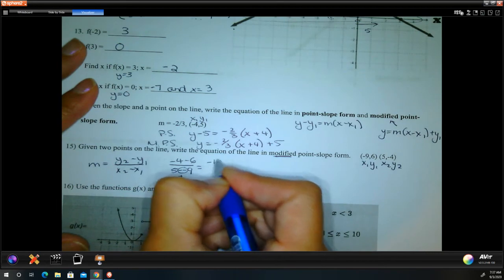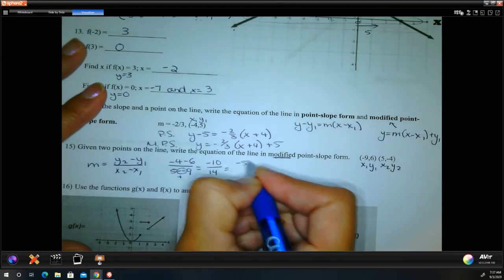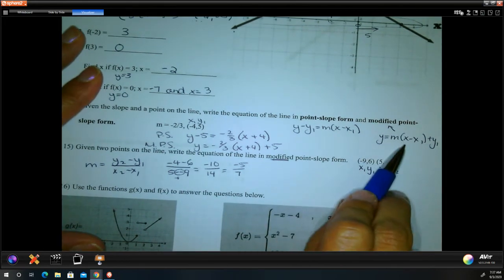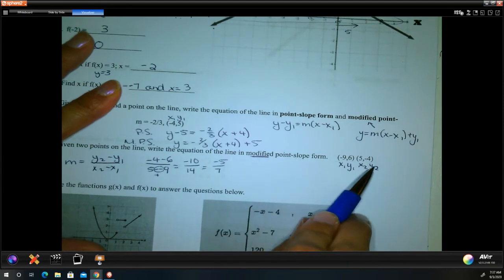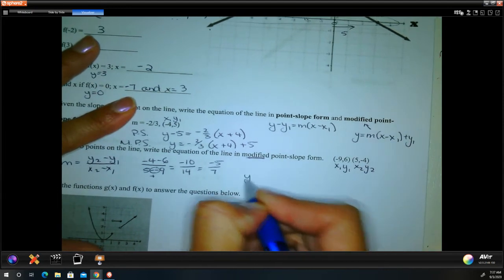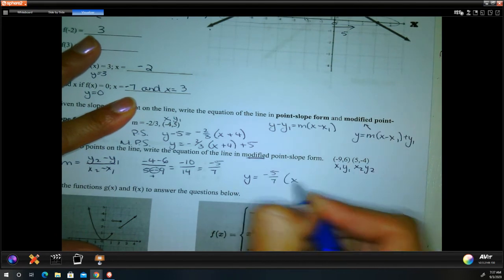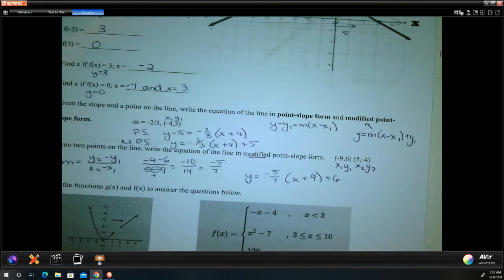So we would get -10 over 14. That does reduce to -5/7. So I can use either point in this modified point slope. I'm just going to use the first one. You could use the second one, but this would be y equals -5/7. That's my m. times (x, the opposite of x1), and then plus y1.